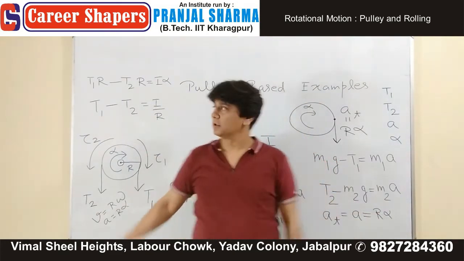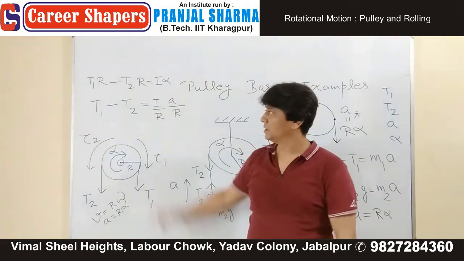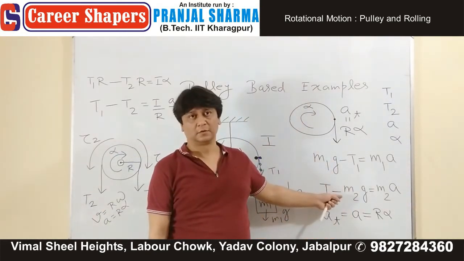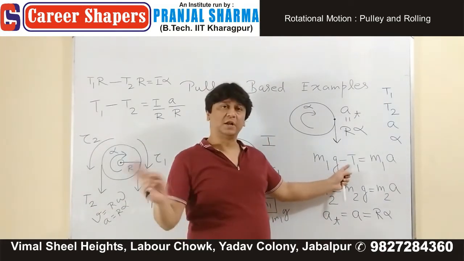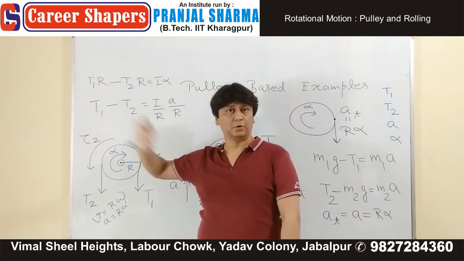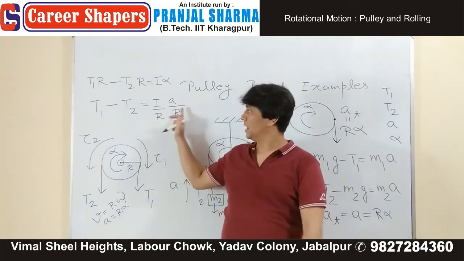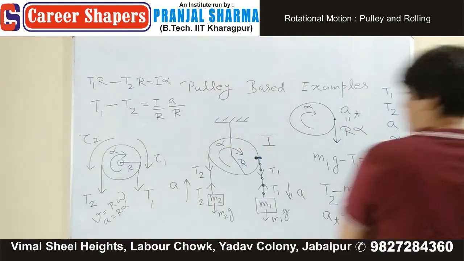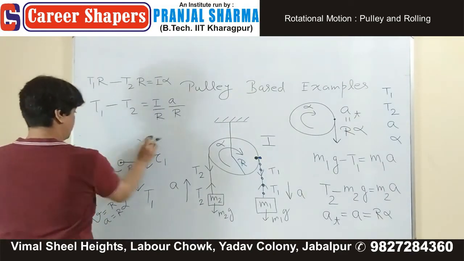A upon R. Now add this plus this plus this. T1 minus T1 gone. T2 minus T2 gone. On the right side you've got A, and A. Take A common, and your final format will be this.